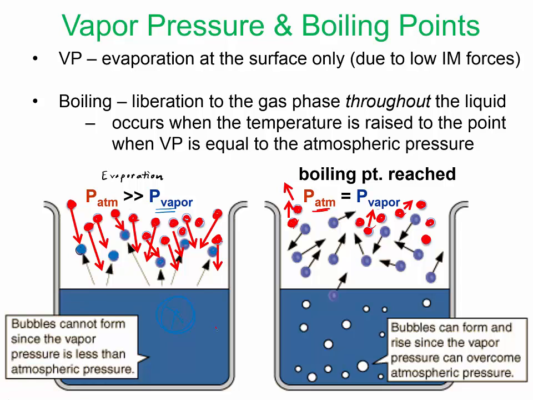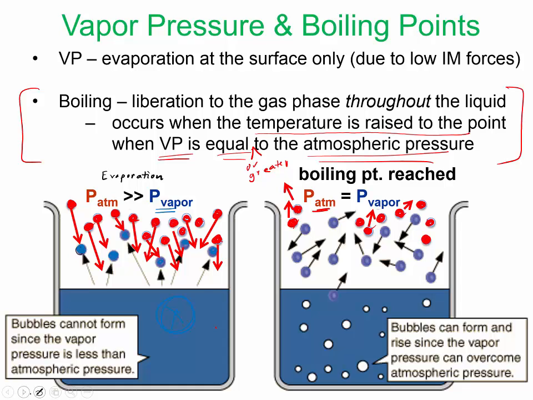So that's by definition what the boiling point is. Again, I'll repeat this: it's the temperature at which the vapor pressure of the substance is equal to or greater than the atmospheric pressure.